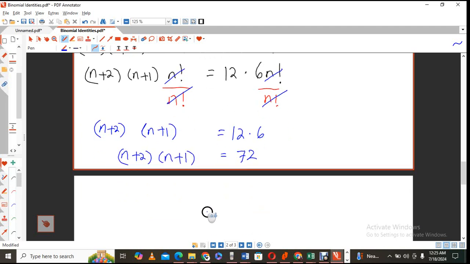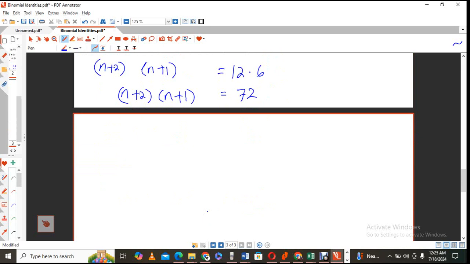So I'm going to use the same type of approach that I had with the question before. There is a difference of 1 between the two numbers whose product gives me 72, because look at that number, n + 2, the other one is n + 1. So if n is equal to 11, for example, then it's 11 + 2, which is 13, and the other one will be 11 + 1, which is 12.